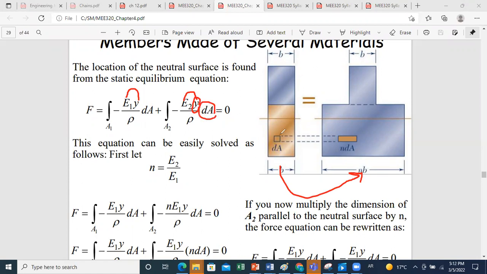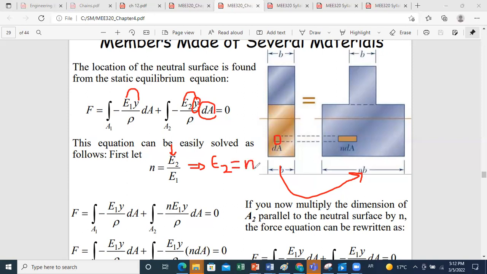So instead of integrating over area dA of material 2, in order to have in factor a common factor which is E1 y over rho, let us define the ratio between the modulus of elasticity E2 over the modulus of elasticity E1, calling it n. And then we can replace in our equation E2 by nE1.